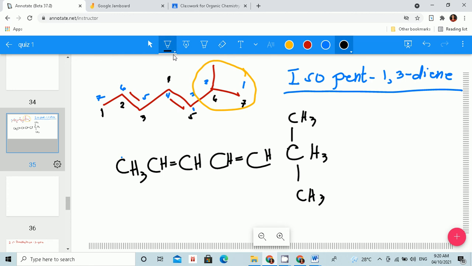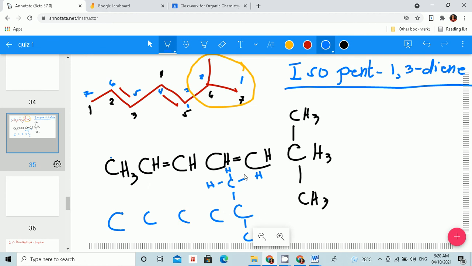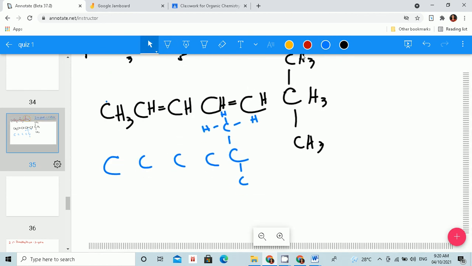Okay, now what about our complete structure? Simple. So 1, 2, 3, 4, 5. And then in carbon 5 we have C again. We have C here. Then we have CH. We have H, H, H. Then here, we will have H. Oh, sorry class, this one. Wala na ni siya class, not an H3.